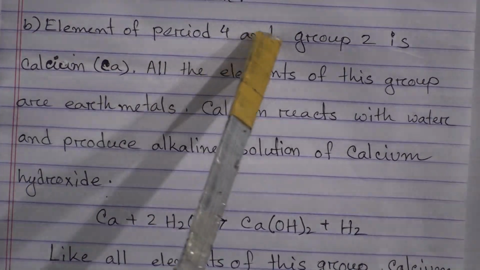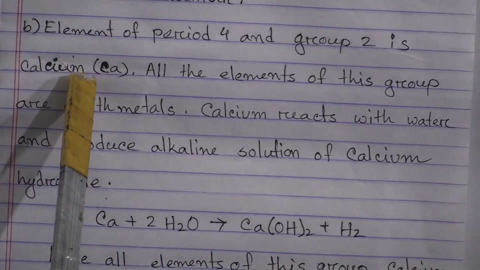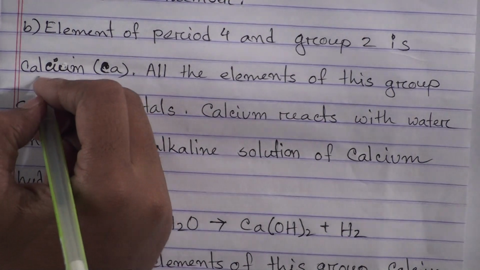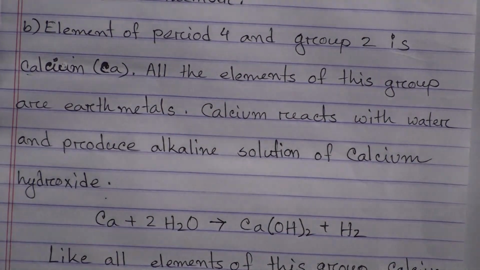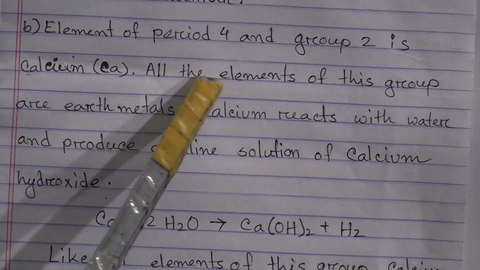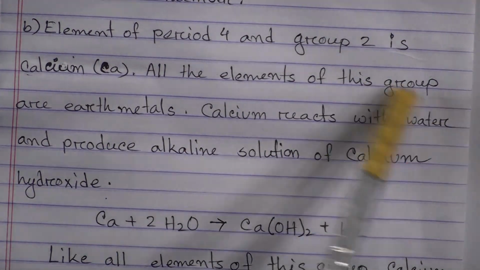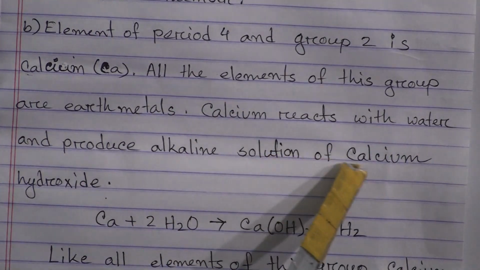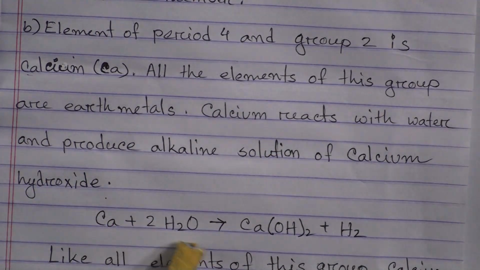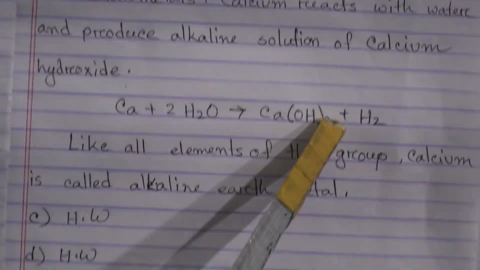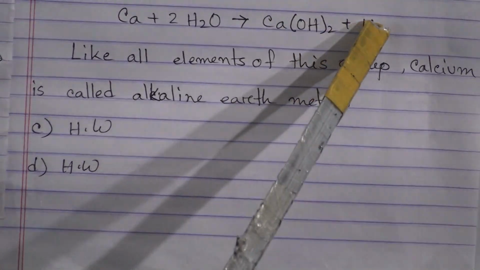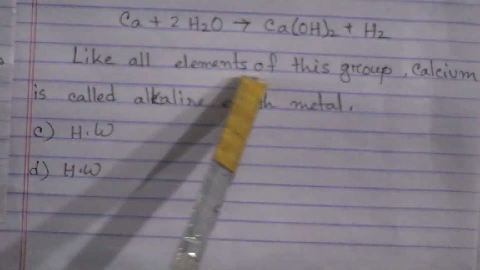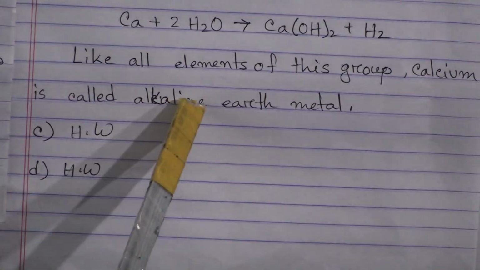The element of period 4 and group 2 is calcium, and all the elements of this group are earth metals. Calcium reacts with water and produces an alkaline solution of calcium hydroxide. Calcium plus 2 moles of water produces calcium hydroxide, which is alkaline, and it also produces hydrogen. Like all the elements of this group, calcium is called an alkaline earth metal.